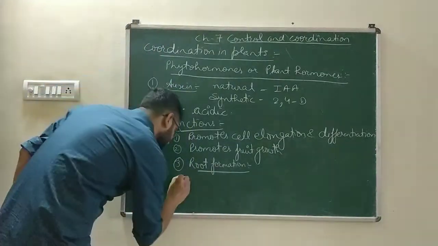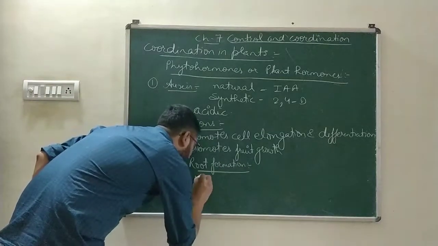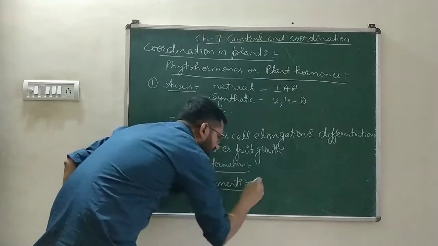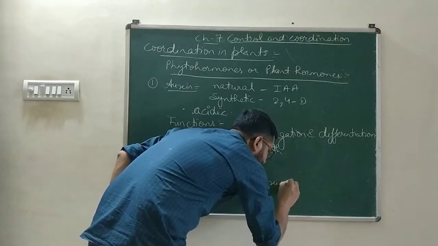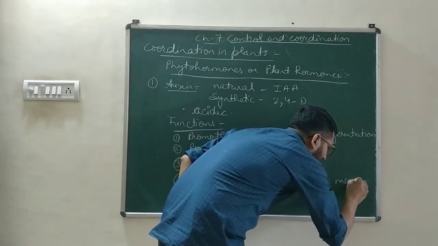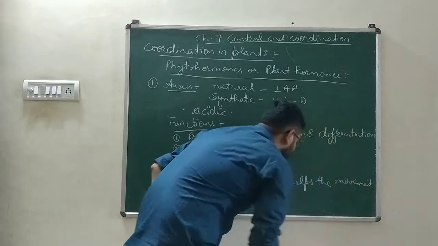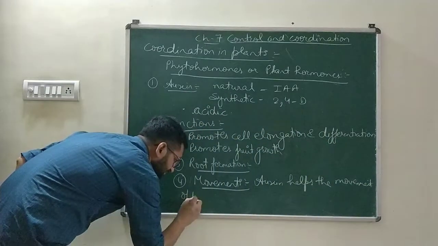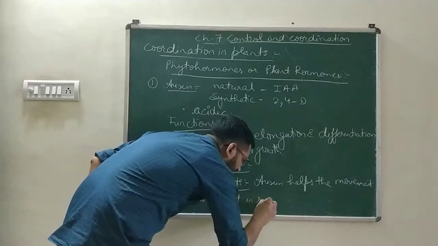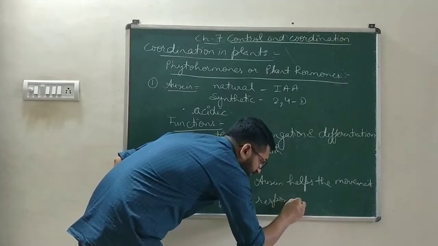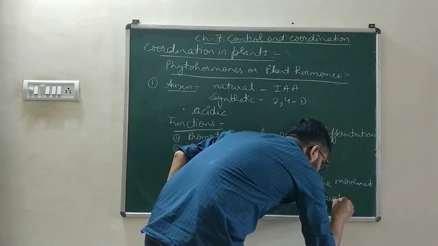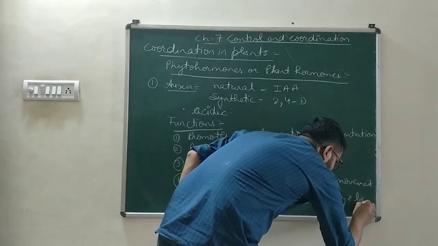Next, movements. Auxin helps the movement of plant parts in response to gravity and light.